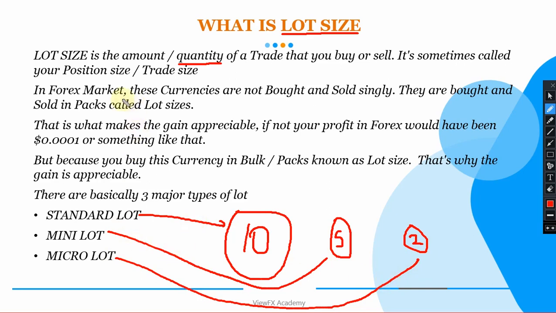Alright, in the forex market, the currencies are not bought and sold as a single entity. They are bought and sold in packs called lot sizes. In packs, in the sense that this is one circle, but inside this circle we have more than one item.